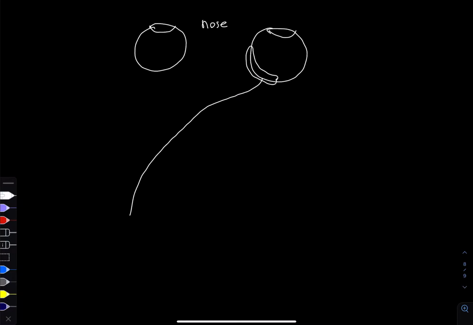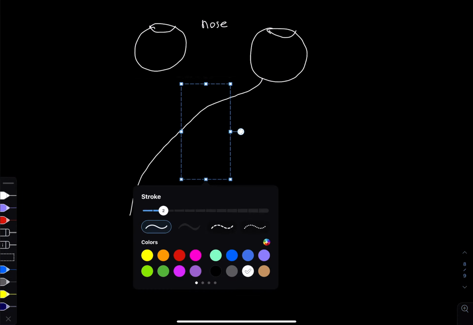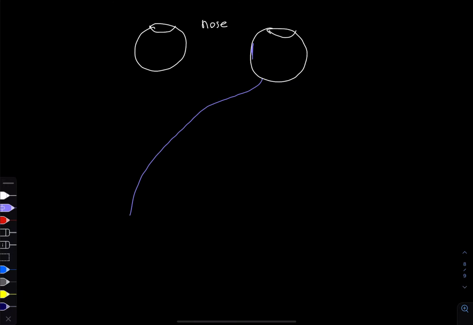So all of this region of the retina is sending its signals through this part of the nerve. So all of this side of the retina is sending information there.